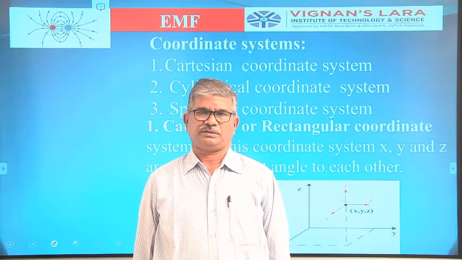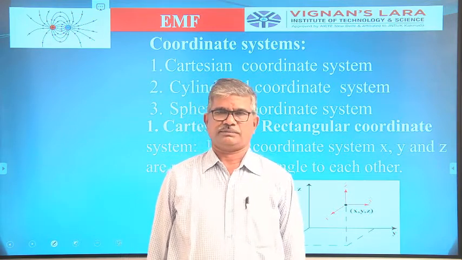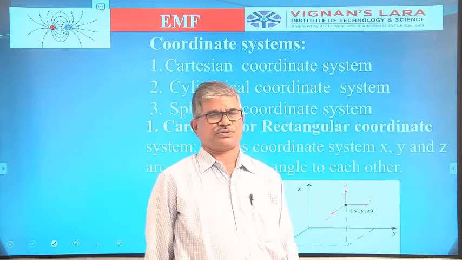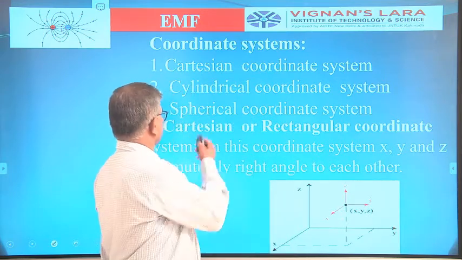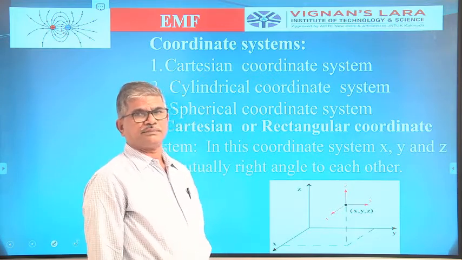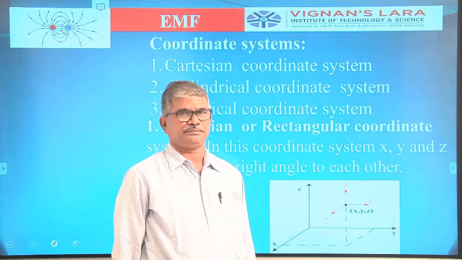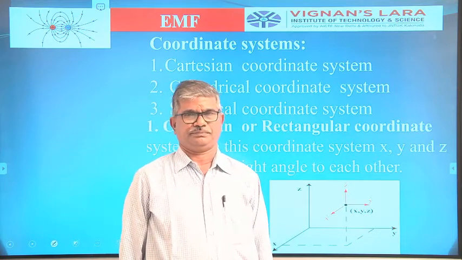Now we are going to discuss the different coordinate systems. There are three coordinate systems: the Cartesian coordinate system or rectangular coordinate system, the cylindrical coordinate system and the spherical coordinate system.